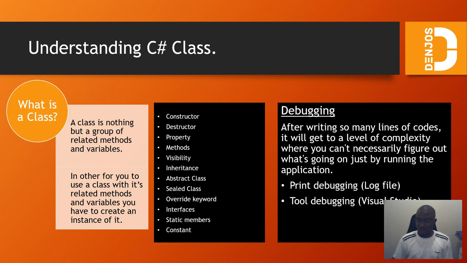So I will first do a couple of examples on debugging, and then we can go to classes. But first of all, let's start with print debugging, and that will bring us to another point of writing code. So let's go write some code.